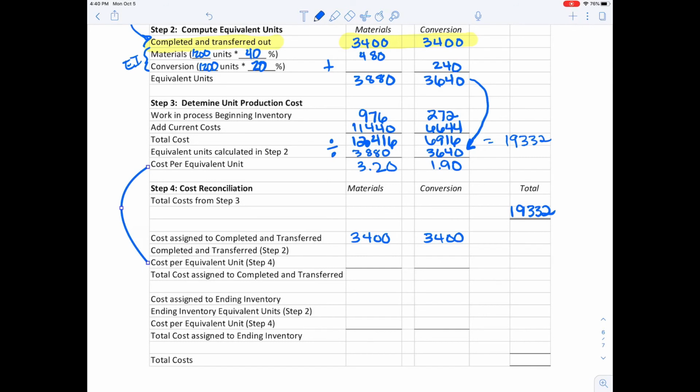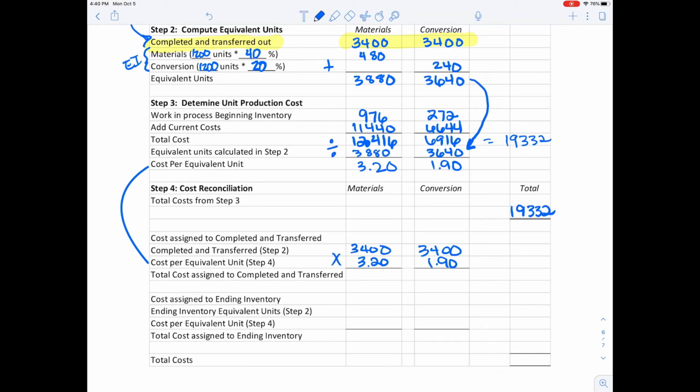And that cost per equivalent unit is $3.20, $1.90. This is where I'm confusing myself. I just put them in the wrong little slot. This is just a title, that first line. So that's how your book labels it out.